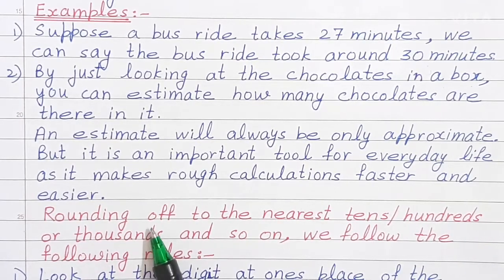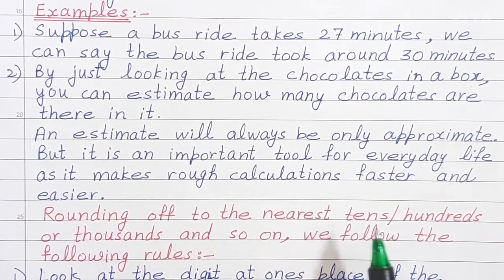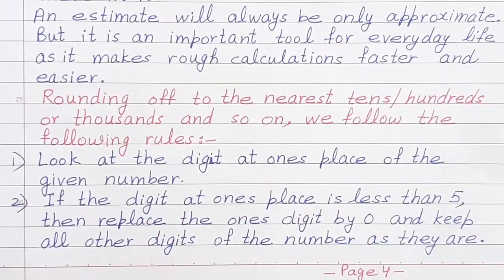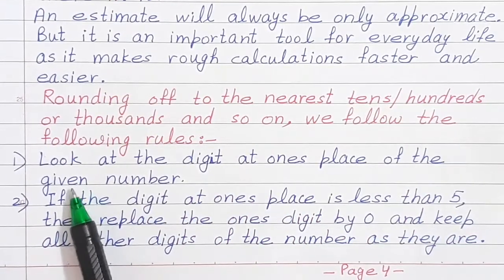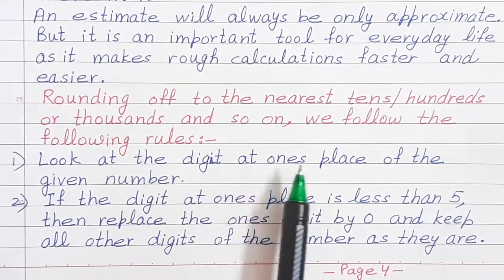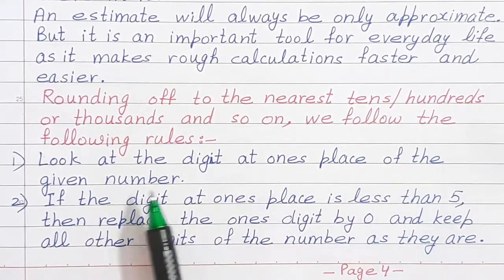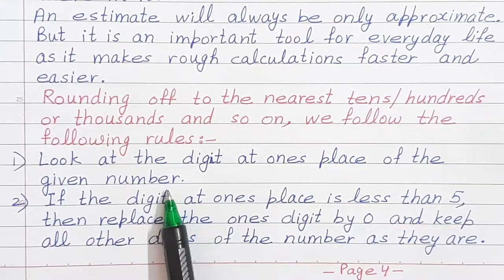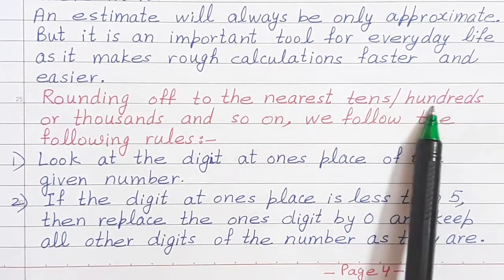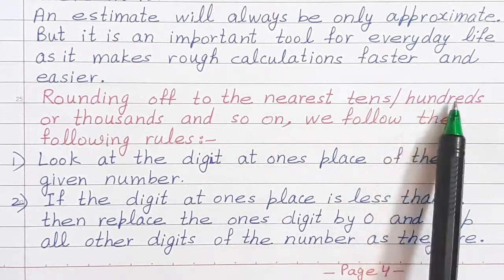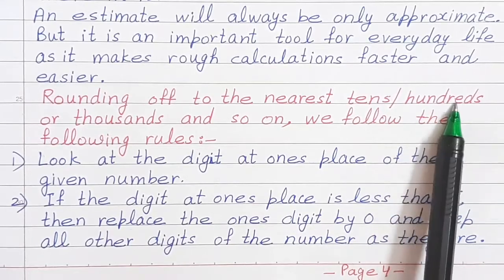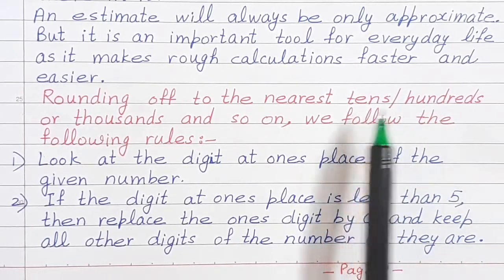So, rounding off to the nearest tens, hundreds or thousands and so on, we follow the following rules. Rule number 1 is look at the digit at the ones place of the given number. If we have to convert into hundreds, then we see the digit at the tens place and so on.